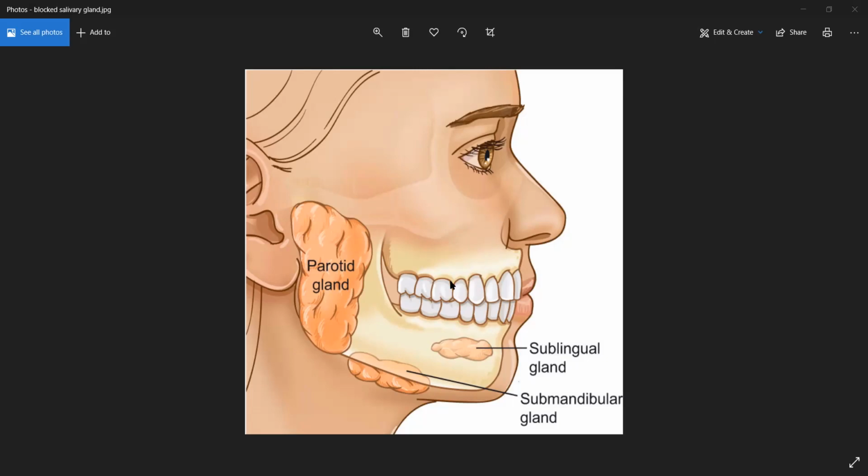As you can see on the screen, we have three pairs of salivary glands that open into the mouth cavity. The one in front of the ears is the parotid gland, and the one at the angle of the lower jaw is a medium-sized one.